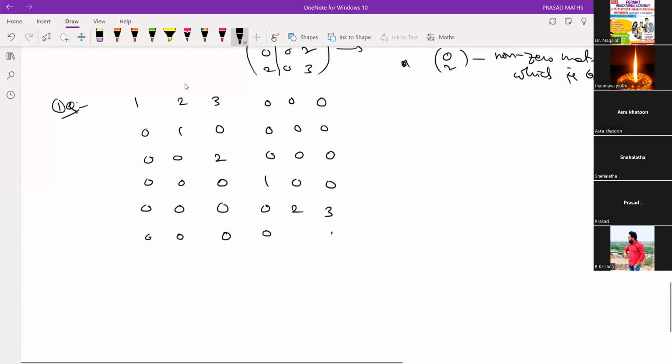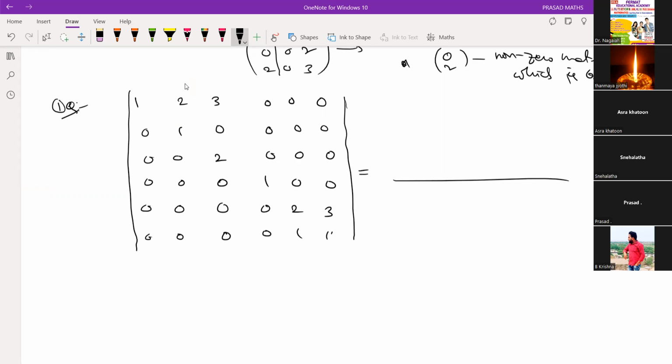Of course, you can take anything. Find the determinant of this. It is a 6 by 6 determinant. Once you compute this directly, it will take laborious work, right? But once you know block matrices, you can easily calculate this determinant.